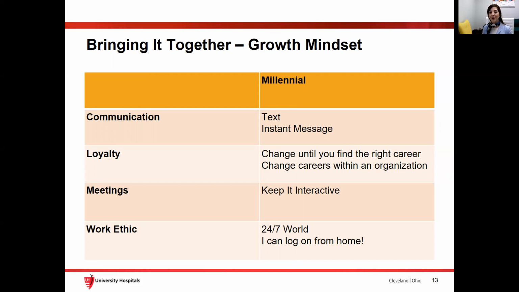As far as meetings go, millennials love to keep it interactive. If the meeting is to relay information in a unidirectional manner, millennials end up feeling like that would be something they could have read online, as opposed to coming to a meeting. A meeting in their mind is for soliciting ideas, brainstorming solutions together, just having a discourse about the agenda.